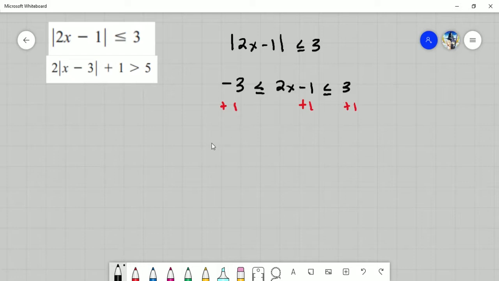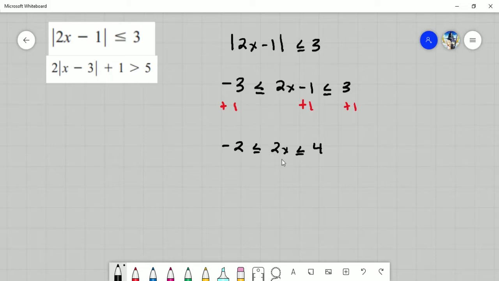That will give me -2 here and a 4 here. So it's like I'm working out two equations all together instead of one at a time.